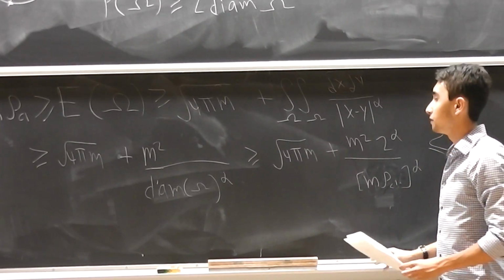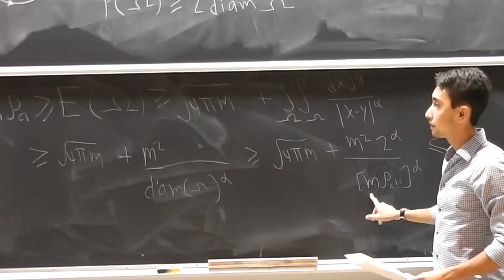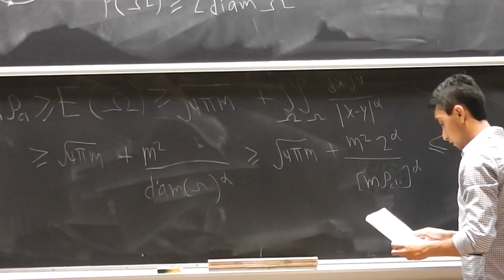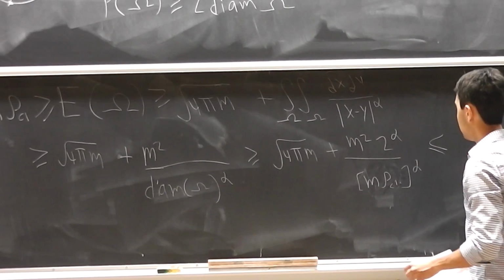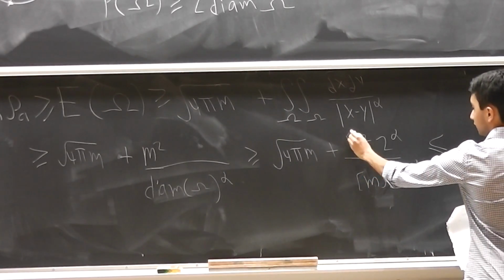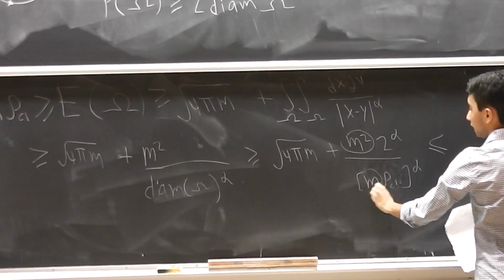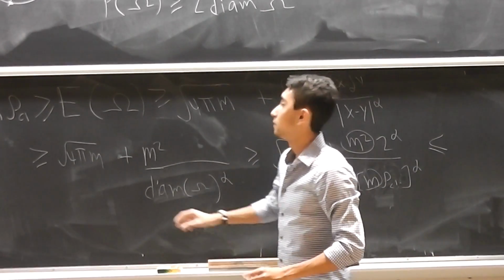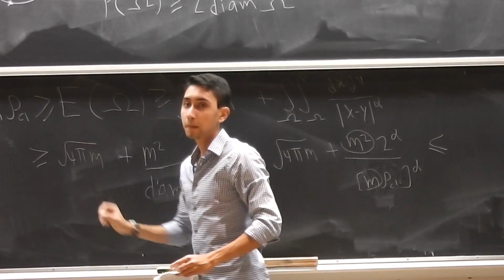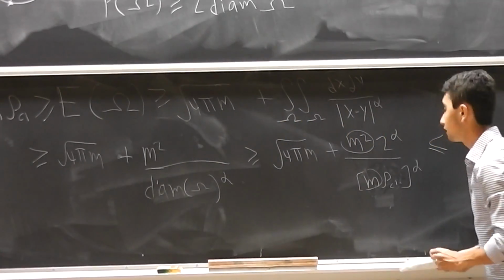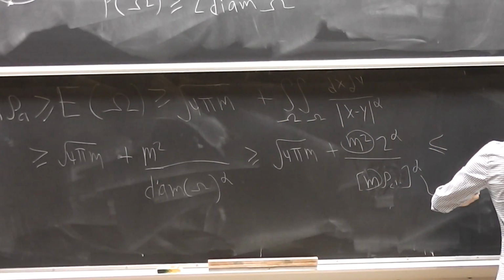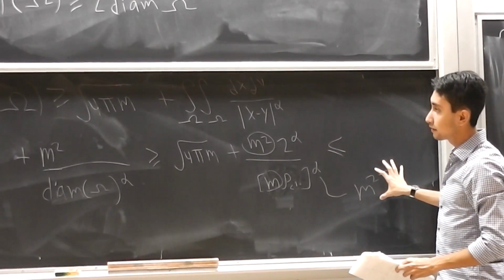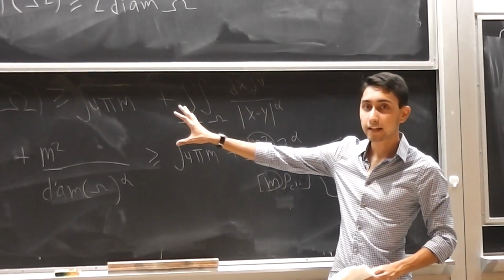Okay, so now what we want to do is show that for m large enough, these are not compatible. So let's see what dominates. On this side, it's like m to the 2 minus alpha, but on this side, it's like m. Again, we're assuming alpha is small, so this is like m squared. So this goes faster than that side.